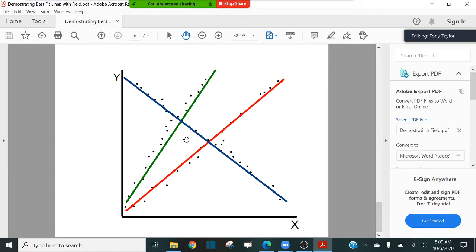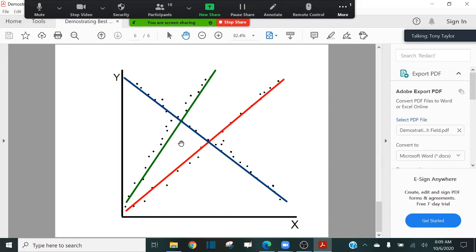Does anyone know which of these three lines represents my runner? The line in green, the line in red, or the line in blue? Could someone unmute themselves and tell me? Which one represents my runner? So if you guys remember, it was the line in green that represented my runner.